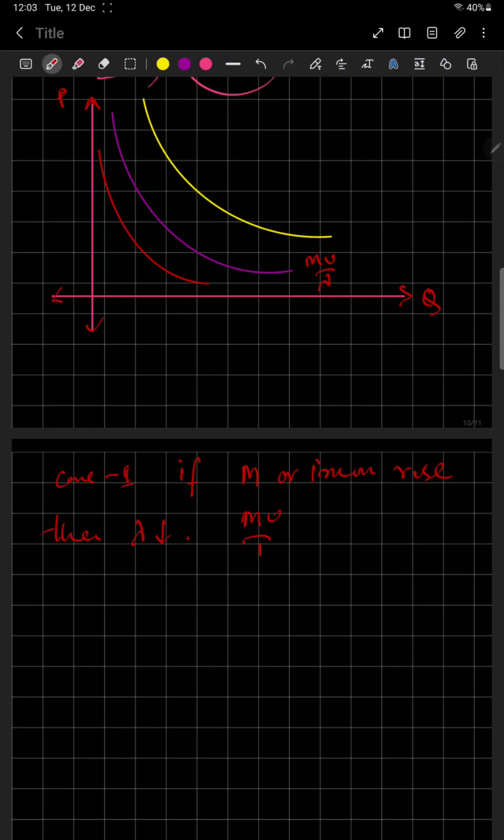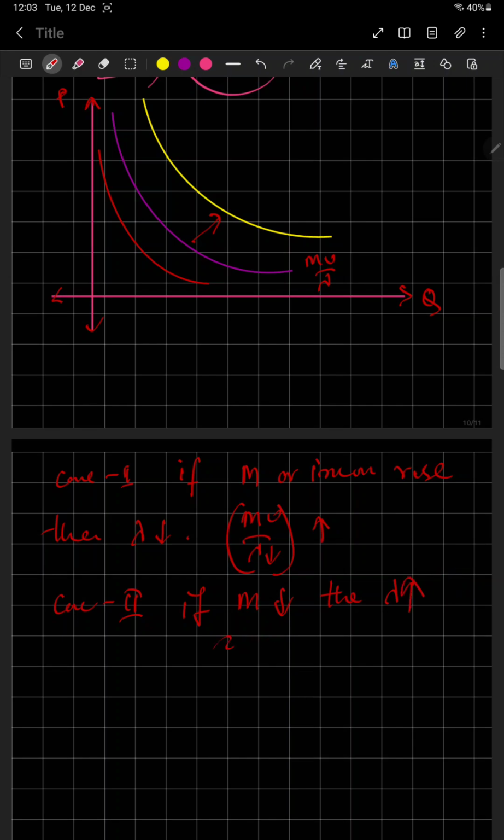Then what will happen to the ratio mu by lambda? If the denominator is falling, obviously the value of the ratio will rise, so it will move to the higher demand curve.